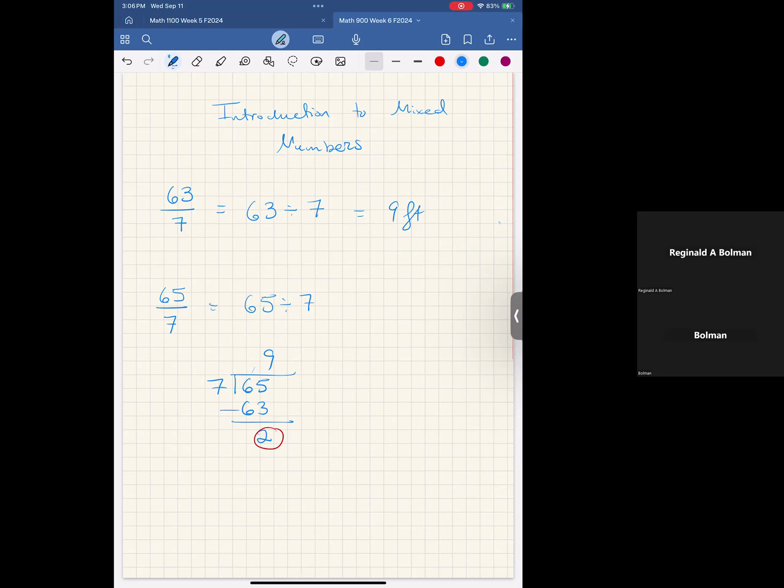The question is, what does this 2 remaining actually represent? Well, if we're telling a worker that he's going to be measuring 65 sevenths of a foot, that means he's going to have to take a measuring stick that's exactly 1 foot long. He's going to have to slice that measuring stick into 7 equal pieces. And he's going to actually have to take a bunch of measuring sticks, not just a single measuring stick, slice all of these measuring sticks into 7 equal pieces.